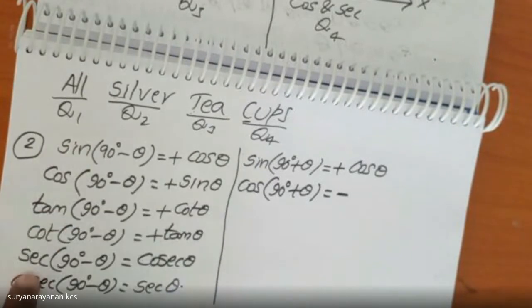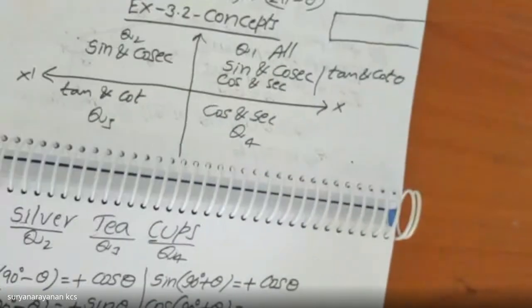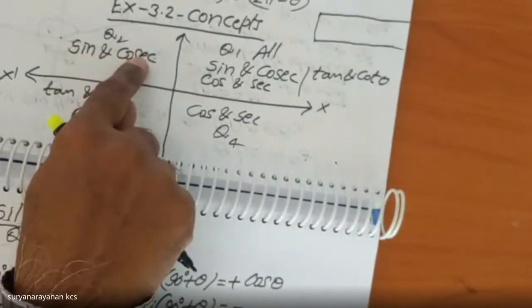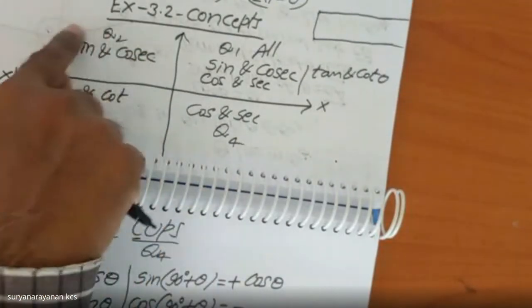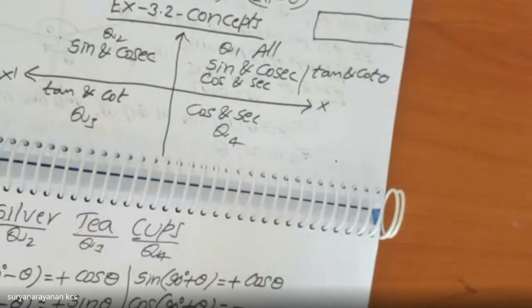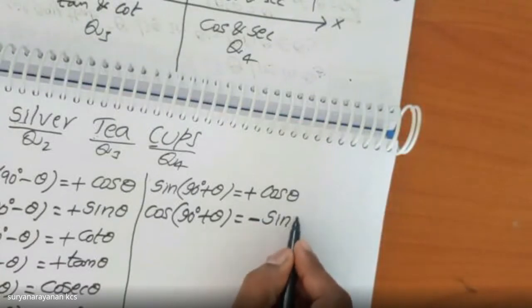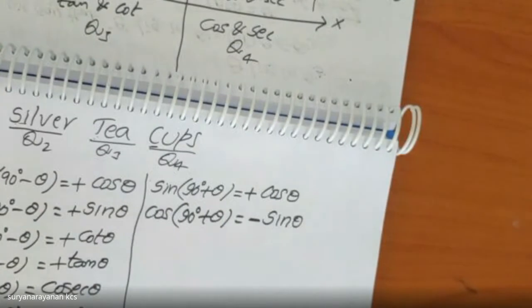Out of these 6, already 2 are positive, and the remaining 4 are negative. That means cos is not positive in the second quadrant, so it is negative. Next, cos changes to sine theta. Understood this formula, my children?